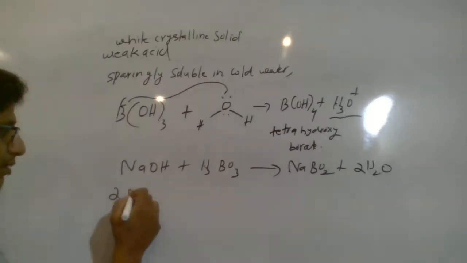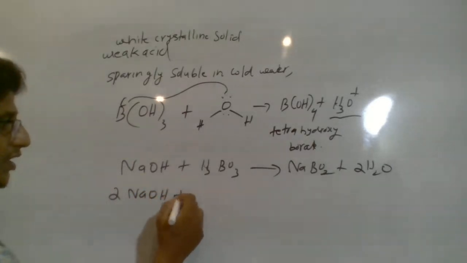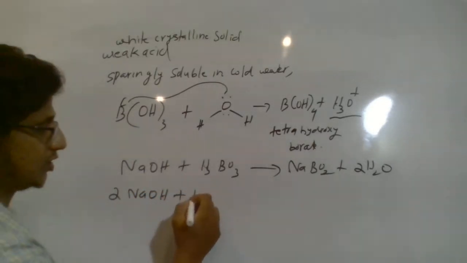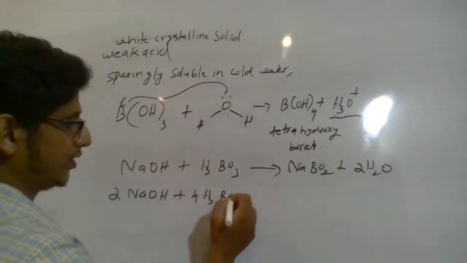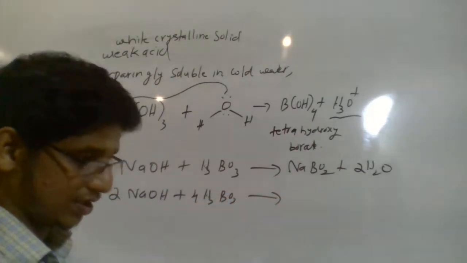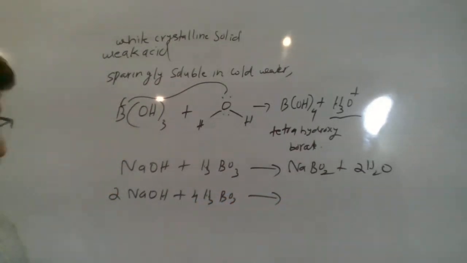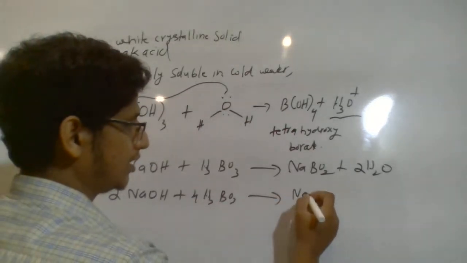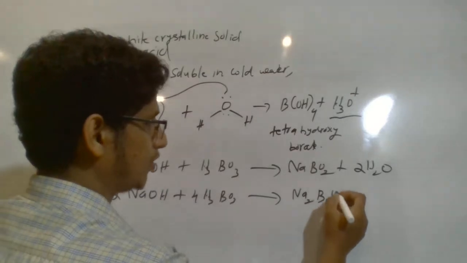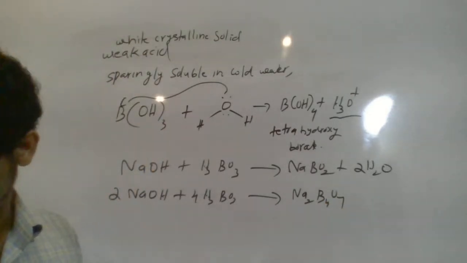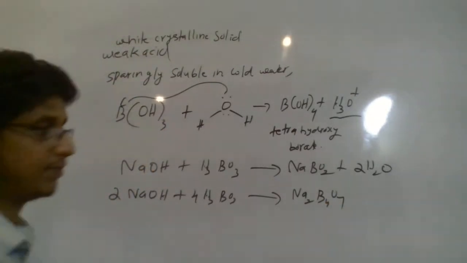If you take a higher molar ratio, 2 moles of NaOH reacting with 4 moles of orthoboric acid, you get Na2B4O7, sodium tetraborate, plus water.